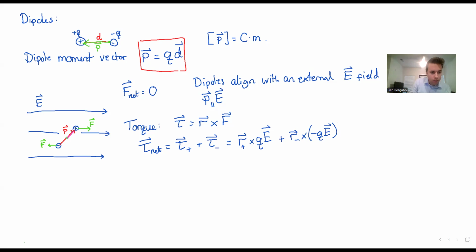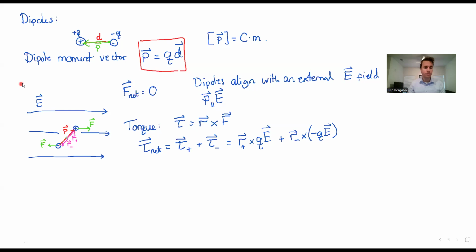R plus is that way, and R minus is this way. And notice each one has a length of half the distance vector that goes into the dipole moment.